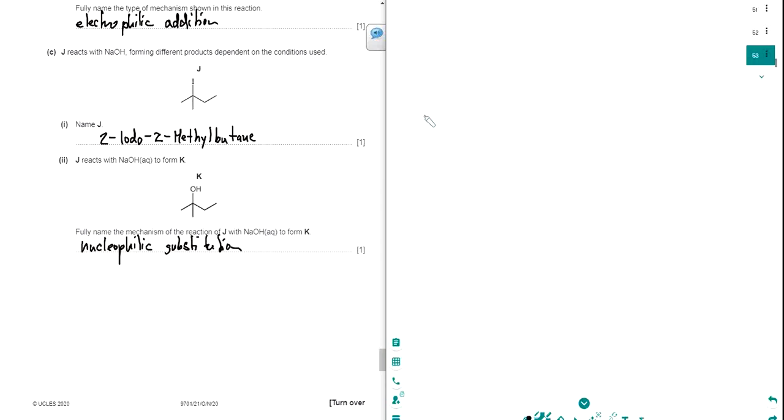Let's go over that quickly. So what happens here is that from the sodium hydroxide we basically take the OH minus ion, which is a nucleophile, and it will attack this carbon right here, and the iodine goes out.